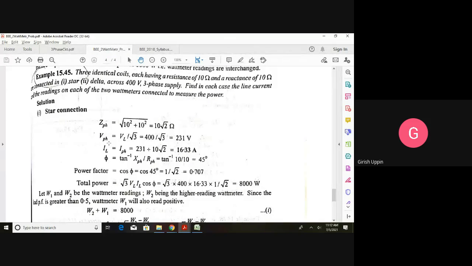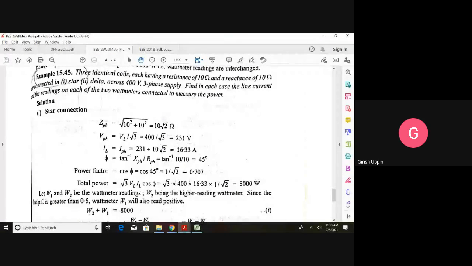Because this is a star connection, the given voltage is the line voltage. I told you, when it is not specified, it means it is a line voltage. VL is equal to 400. In a star connection, VL is equal to root 3 times V phase, or V phase is equal to VL divided by root 3. 400 divided by root 3, we get 231 volts.